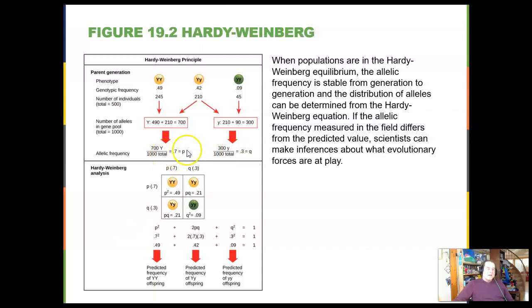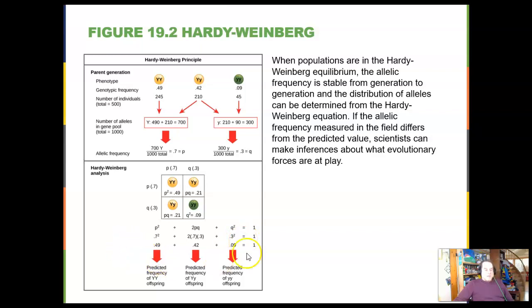And then we would run through our calculations, come up with our predicted frequencies, and find that these predicted frequencies are still going to be based on 0.7 and 0.3, but with a different ratio of genotypes: far fewer heterozygotes right here, a lot more homozygotes here, a lot more homozygotes over here, and just a few here, but still ultimately 0.7 and 0.3, 700 alleles of this and 300 alleles of that. It's possible mathematically with 500 individuals. And when we run these predictions right here, we'll find that our population is not at 0.49 and 0.42 and 0.09. It's something else.